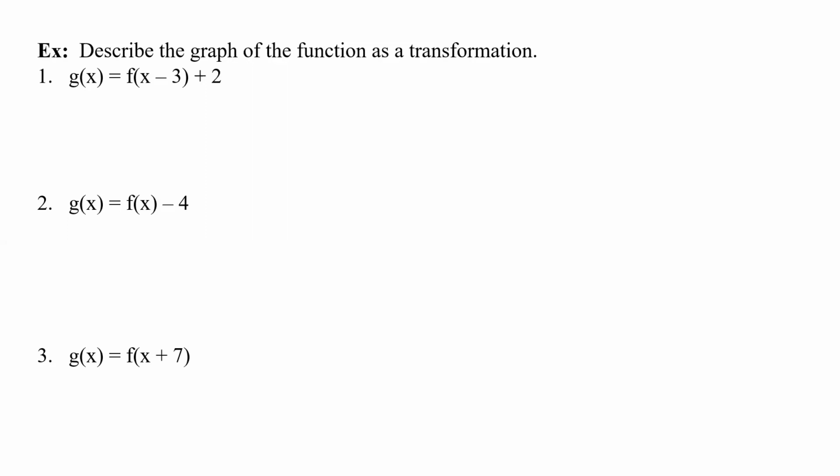All right, so what we have here, this is h is equal to 3, and this says k is equal to 2. Okay, so what does that mean? Well, it means we're going to move up 2 units, and we're going to move right 3 units.